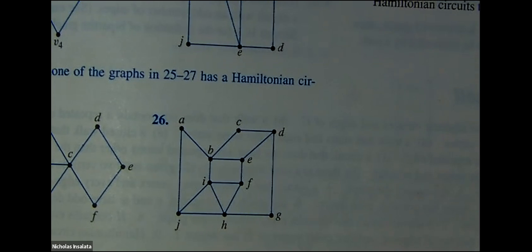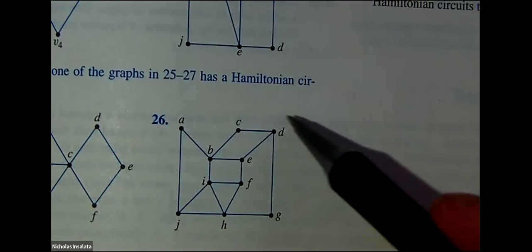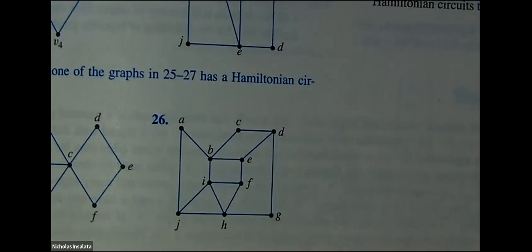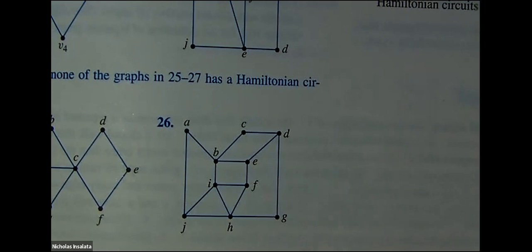No, because D has odd degree. Okay, so this one has odd degree, right? Are there any other vertices with odd degree? So it does not have an Euler circuit, right?